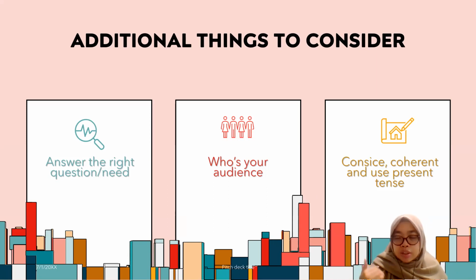Again, after you make the writing, you have to change your view from the perspective of the audience, then by then you will make the conclusion whether or not your procedural text would be understood or not gitu ya. Don't forget to make it concise, coherent, and use present tense seperti yang tadi.